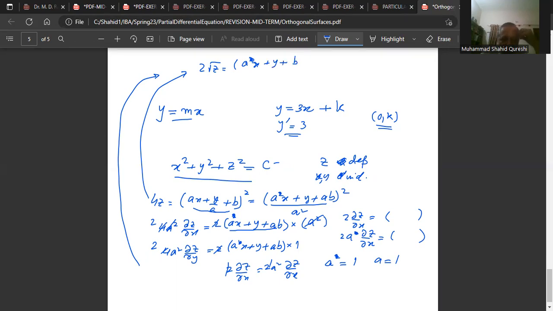Oh yes, the a square came because of taking the LCM. If I keep this LCM as it is and keep this a here, then this is 2 under root z divided by a. So you can say that this bracket value is 2a under root z.